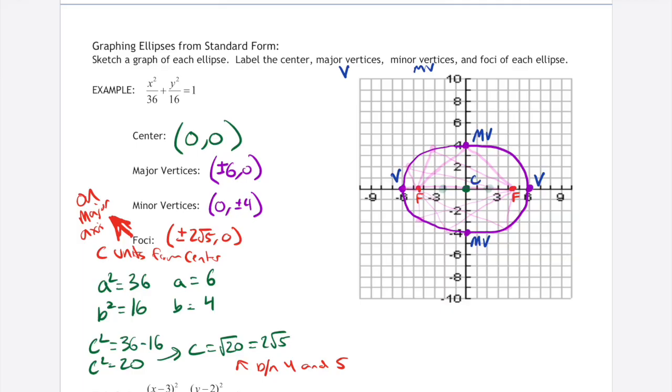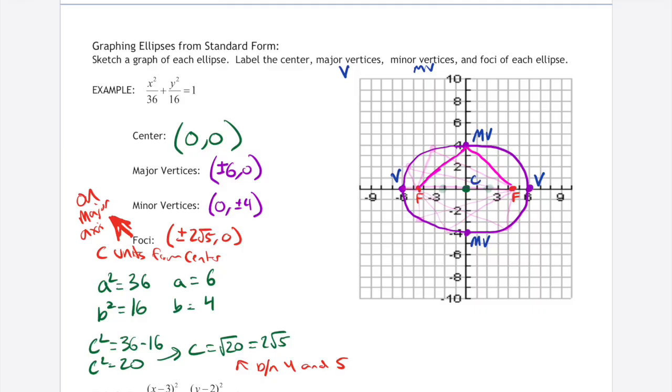So, at the risk of ruining this very nice picture, I want to talk about that first bullet point on the front, where it said all the points that are a fixed sum from 2 fixed points. If I draw a line from the focus to the minor vertex, and the other focus to the minor vertex, what do you notice about those 2 lines? They would be equal, right? They do make a triangle there.